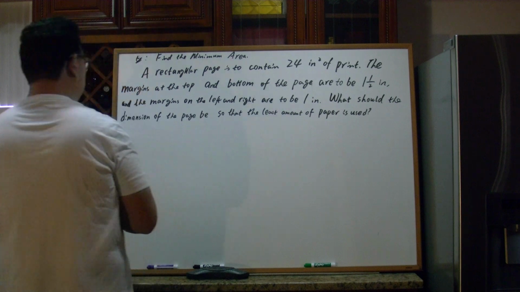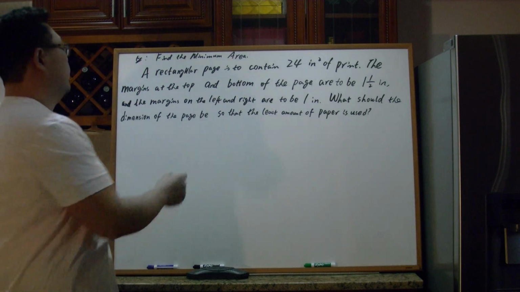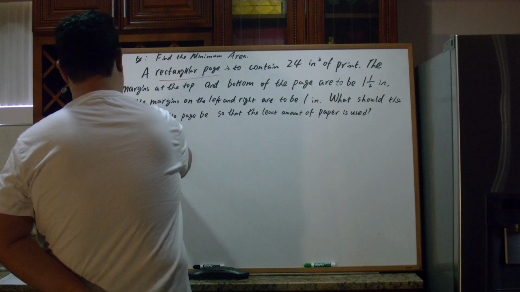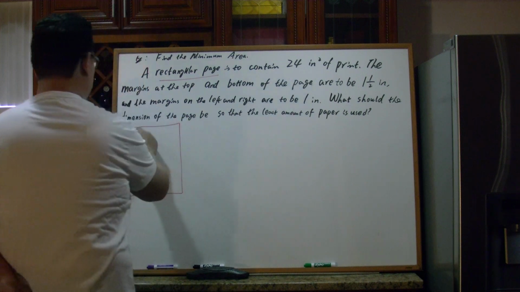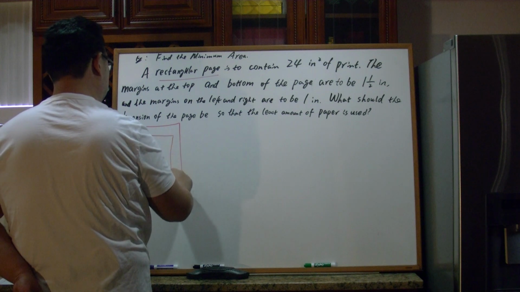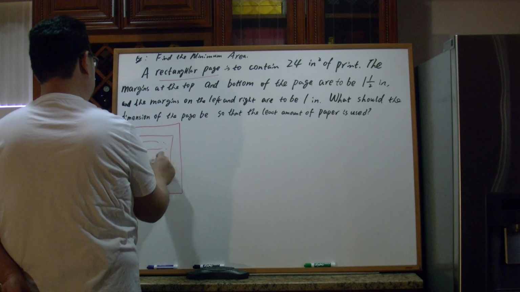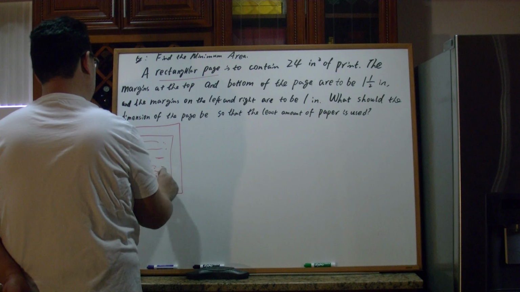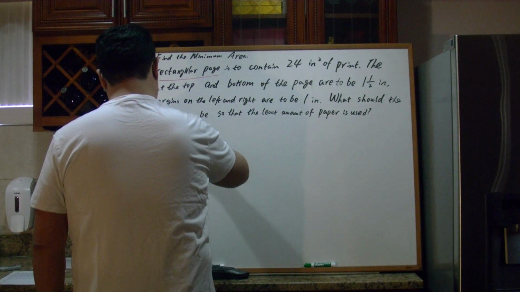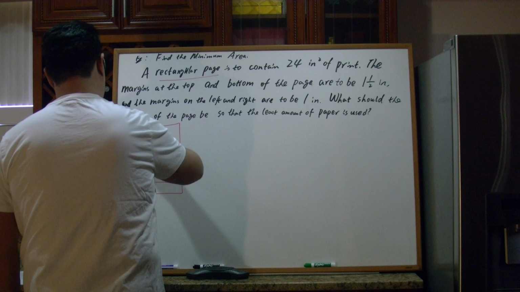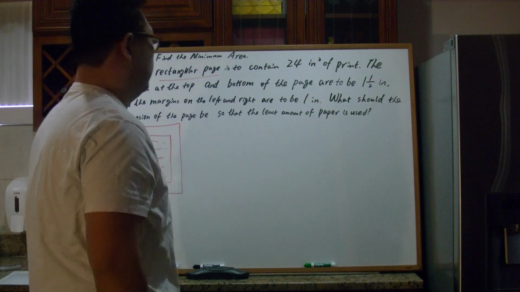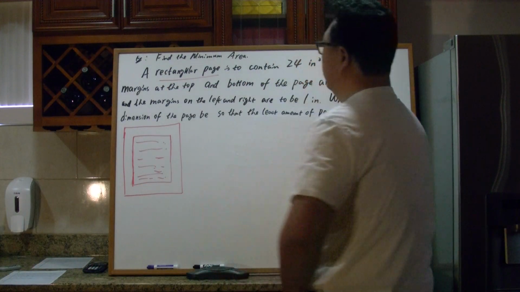So we have in this case a rectangular page. In the middle we have the printing area, also rectangular, since its margins are equal.